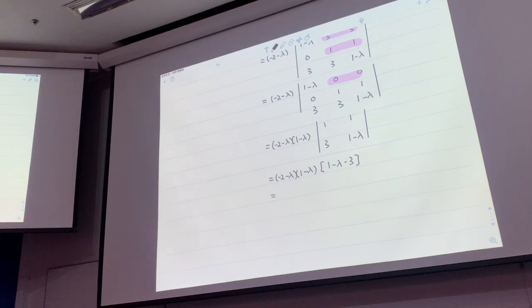So we get lambda minus 1, lambda plus 2. Here is negative lambda minus 2 as well. So this is negative lambda minus 1 times lambda plus 2 squared.